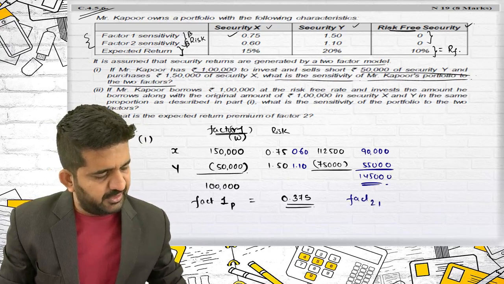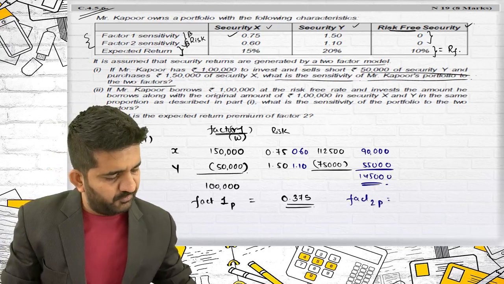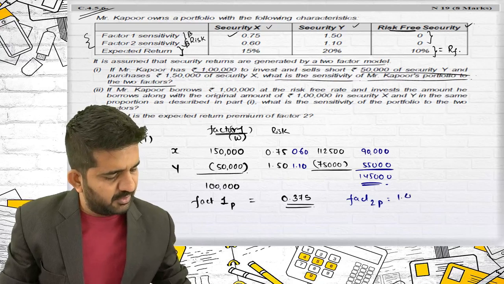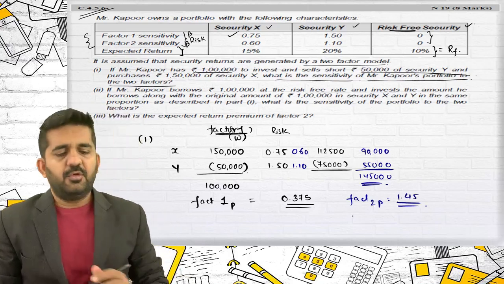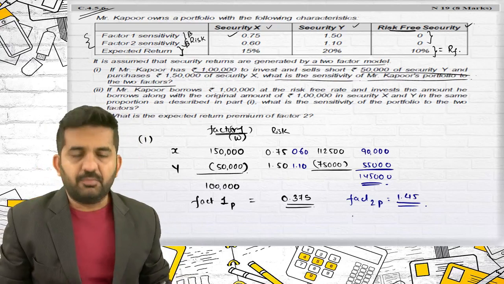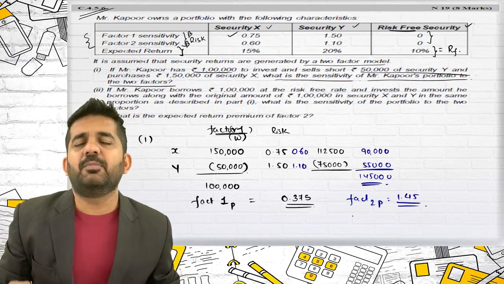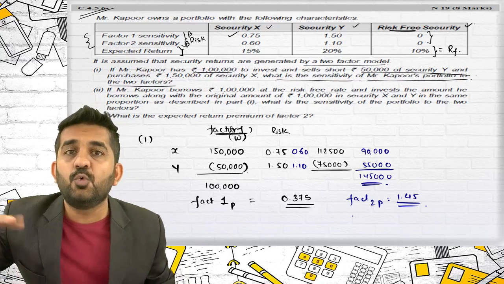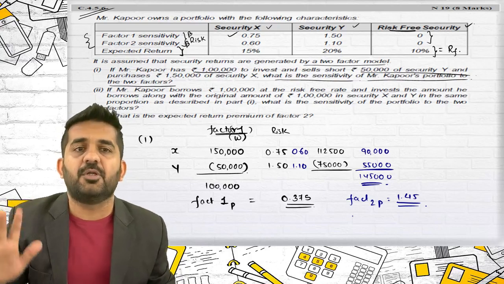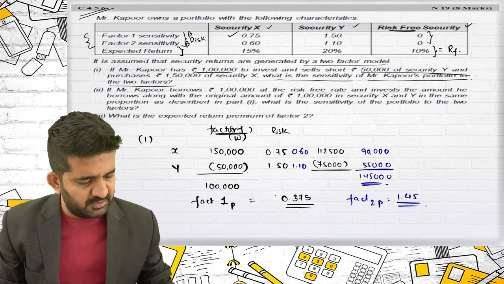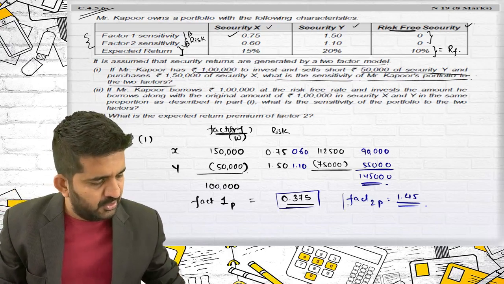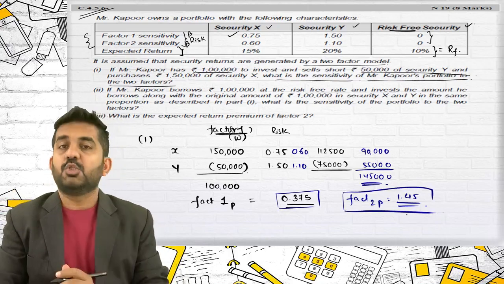Factor sensitivity 2 of the portfolio is nothing but 1.45. That's correct. Try to understand, if this was beta, there would be only one answer. This is beta of two different factors of one particular security. I'm finding out the answer in that manner. So with this, question number 1 is over.